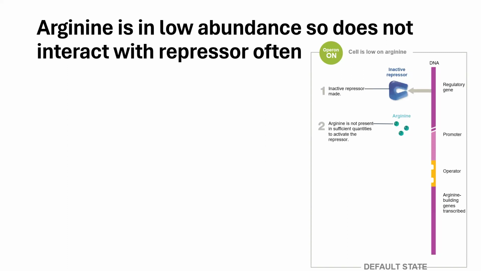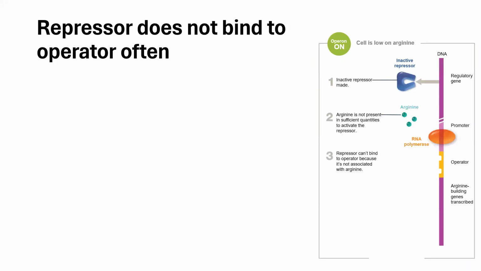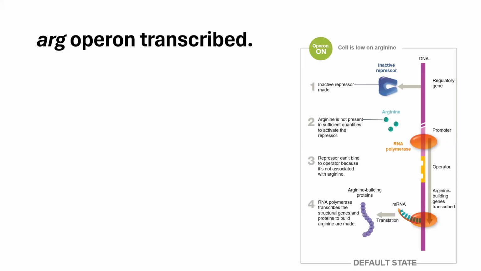And so as long as arginine is in low quantity, the repressor is not going to become active, and the operator is not going to get blocked. And therefore, RNA polymerase will proceed through transcription, and it will make the transcripts that need to go to the ribosome to synthesize arginine.